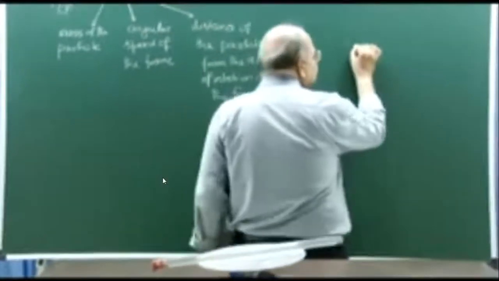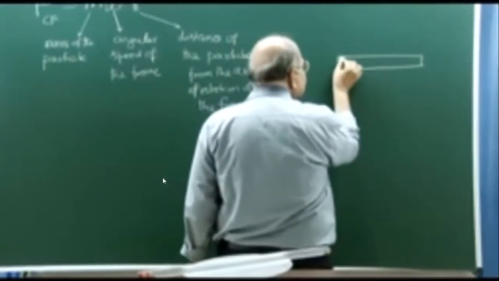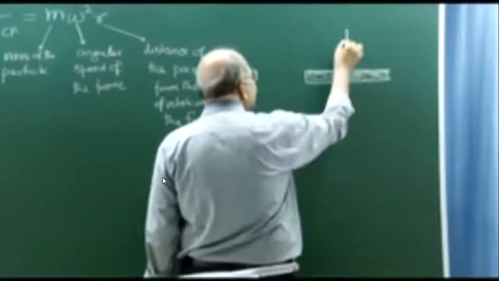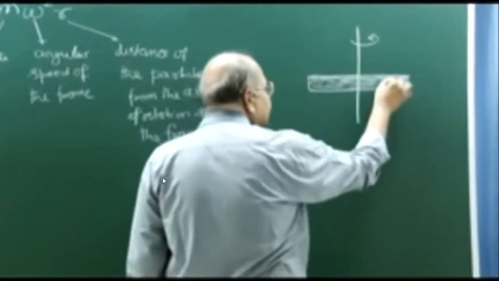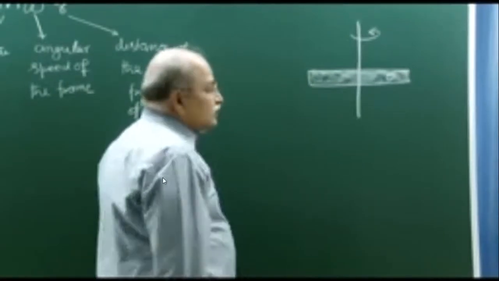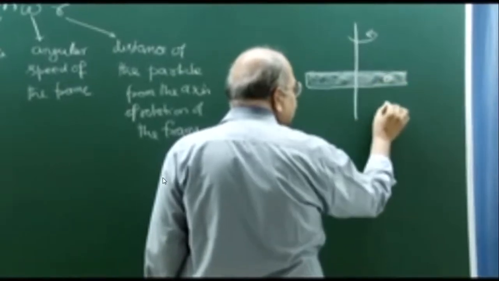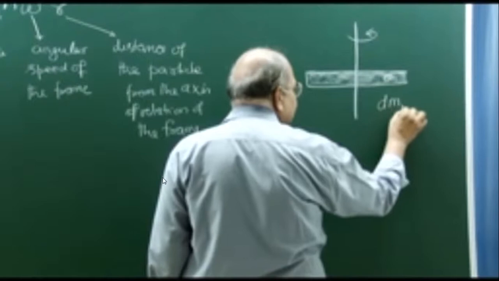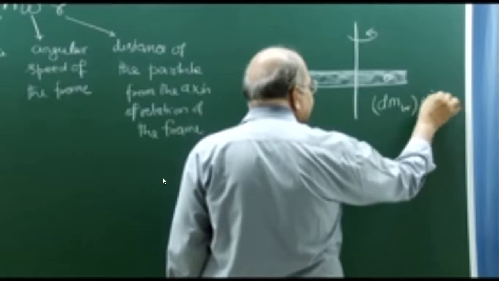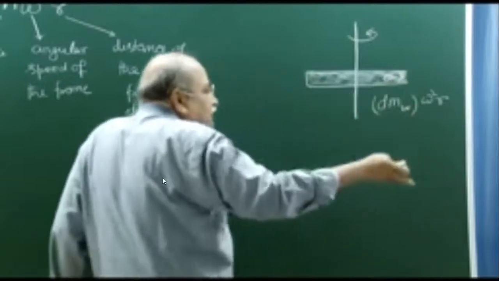Suppose you have a tube here which is closed at the two ends, it is completely filled with water, and then this is the axis and this is rotating like this, and I am thinking of say this portion of water. So, there is some mass of this, which I will write as dm water, and this mass times omega square r is the centrifugal force which acts, or I have to take that term.